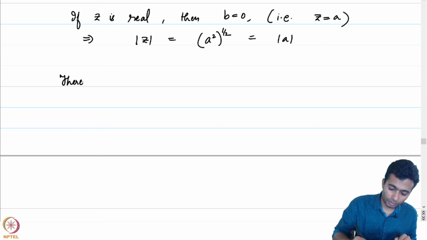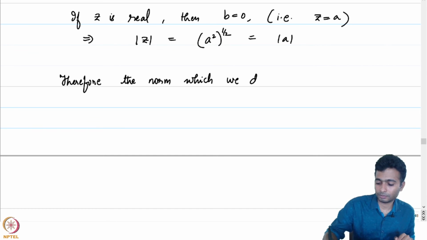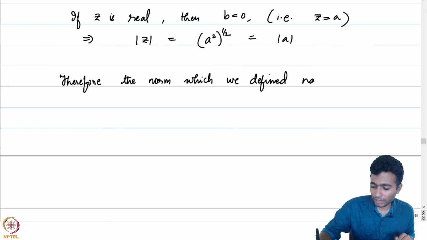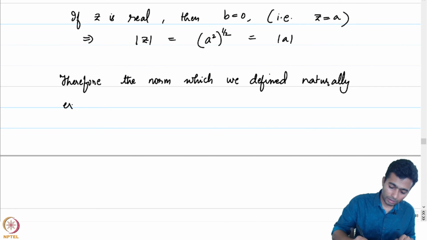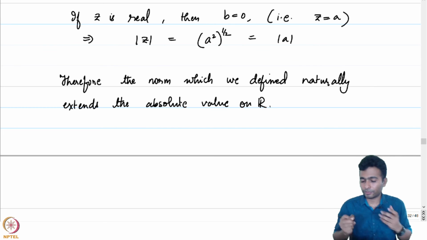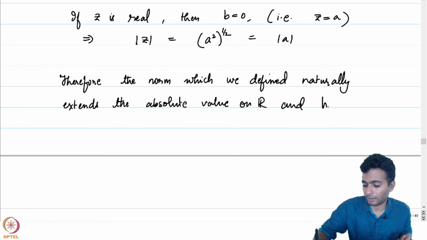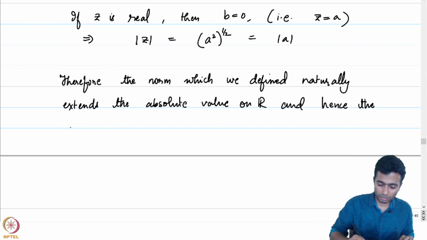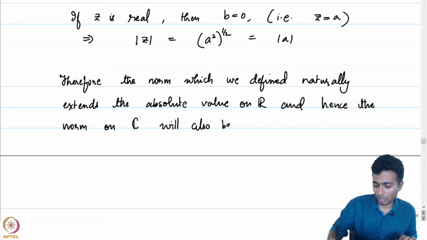Therefore, the norm which we just defined naturally extends the absolute value which we are familiar with on the field of real numbers, R, and therefore the norm on C will also be called the absolute value.